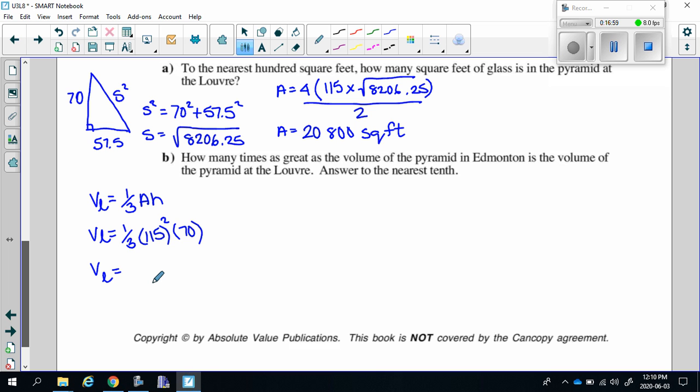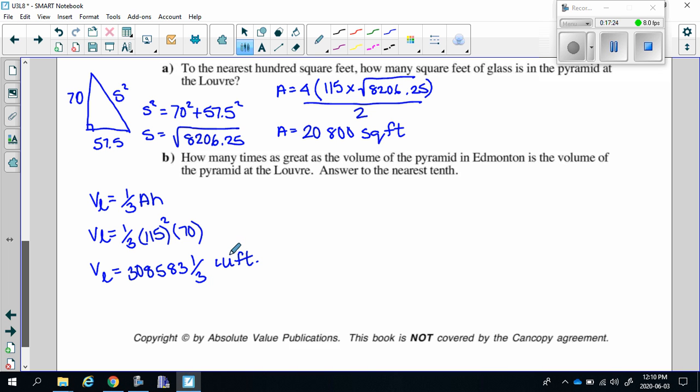The volume of L is 308,583 and 1/3 cubic feet.